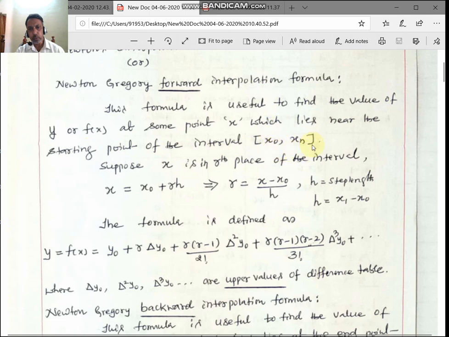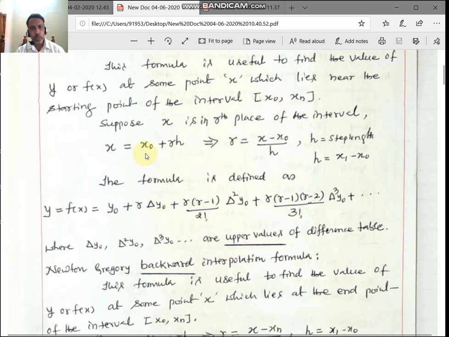So this is your given interval, x0 and xn. Whenever you want to find the y value or fx value at x when x is near the initial point x0, then in that case we will have to find one value called r. As we had defined earlier, x is in general written as x0 plus rh. Then r is given by x minus x0 by h, where h is the step length from the given table or given data.